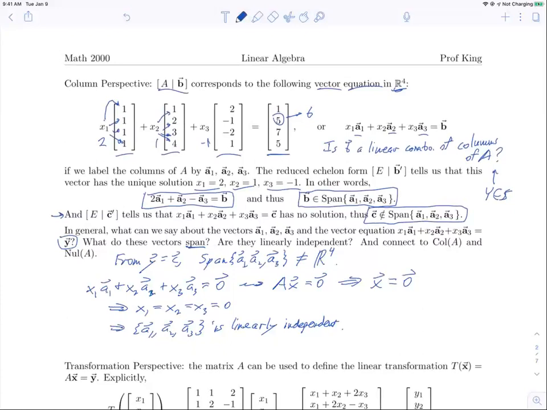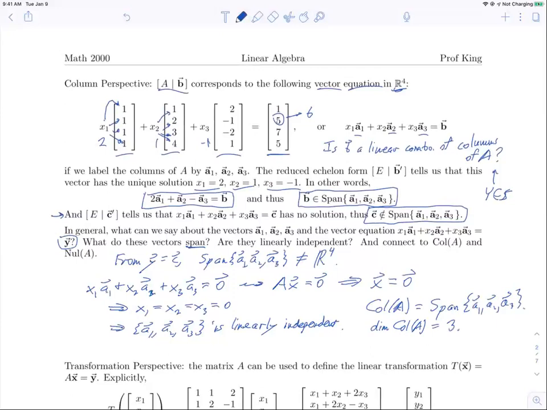Remember the column space of A, you just read about this, is by definition the span of A1, A2, and A3. Knowing that the columns are linearly independent, we can say the dimension of the column space is 3. So the column space, the span of the columns, is some 3-dimensional subspace of R4.